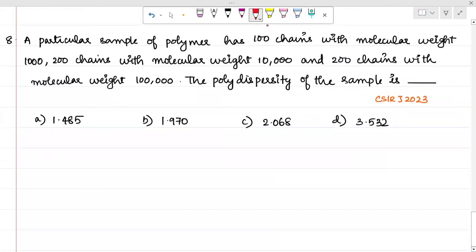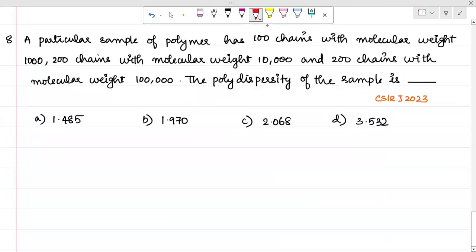All right. Last question again from polydispersity index. So again, important topic. Here it is a numerical question which was asked in 2023. A particular sample of polymer has 100 chains with molecular weight 1000. So let's write down the data.